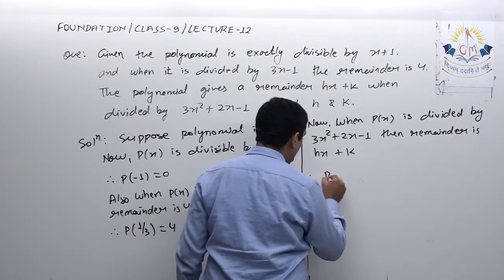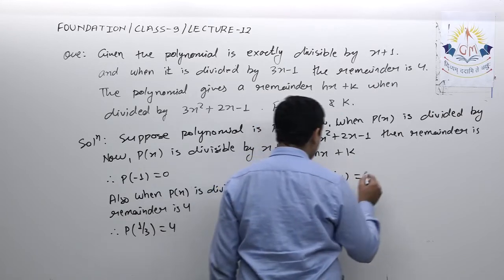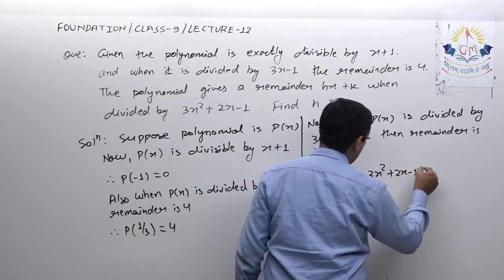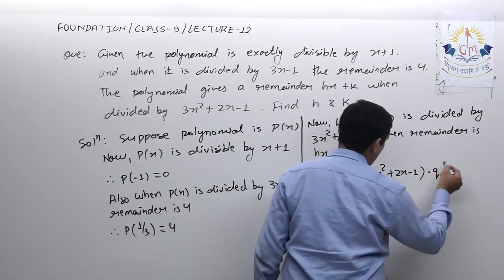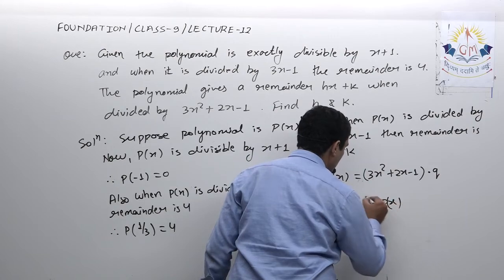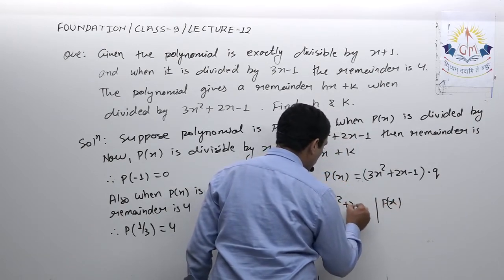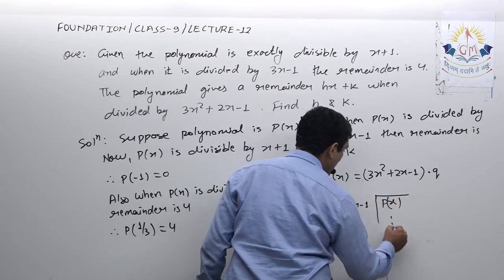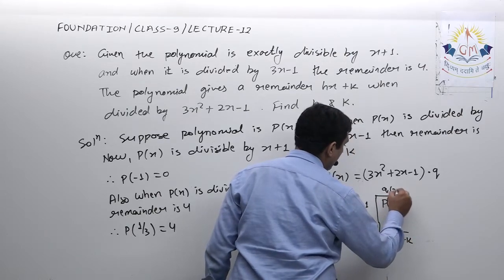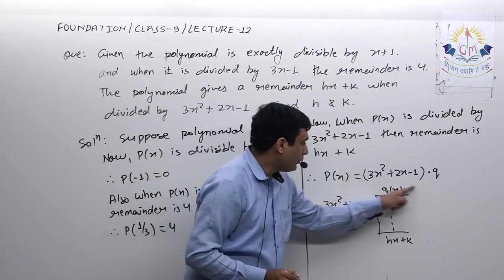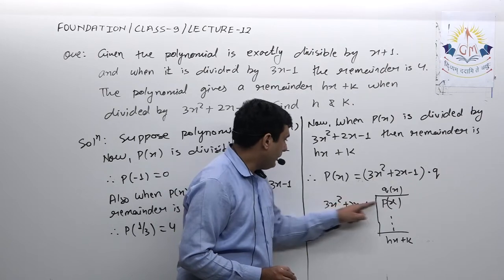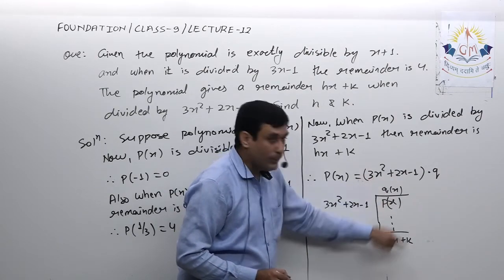It means I can say p of x is 3x square plus 2x minus 1 into q, where I am considering that q is quotient. Like this, I divided px by this 3x square plus 2x minus 1. After solving, here I am getting remainder hx plus k. So I can write px is equal to divisor into quotient plus remainder.